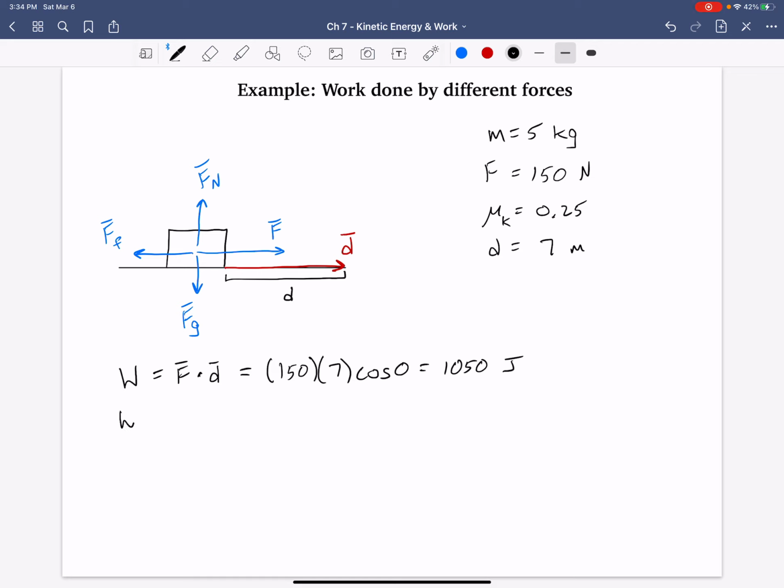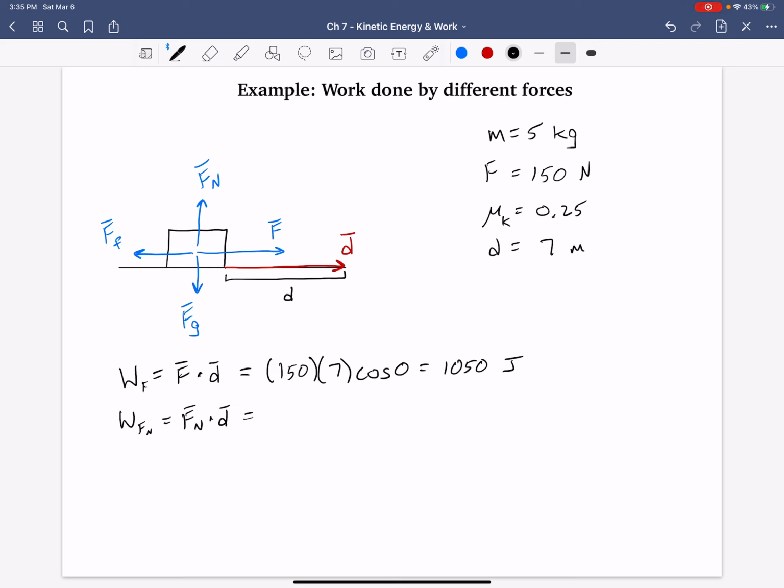Next, the work done by, let's do the normal force. Right, so that's the work done by Fn, the normal force here, dotted with the displacement. Well, normal force is pointing directly up, and that's perpendicular to, in red, the displacement. So even though we can figure out the magnitude, doesn't matter. That's just mg, right?